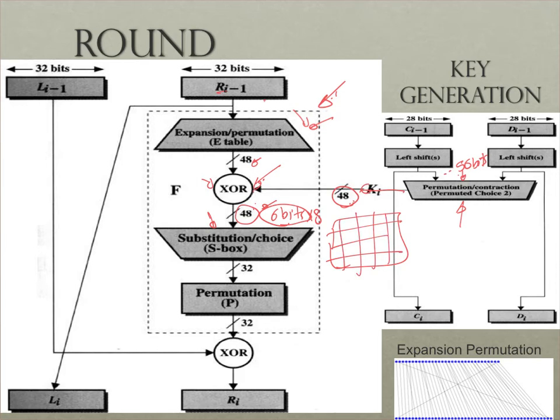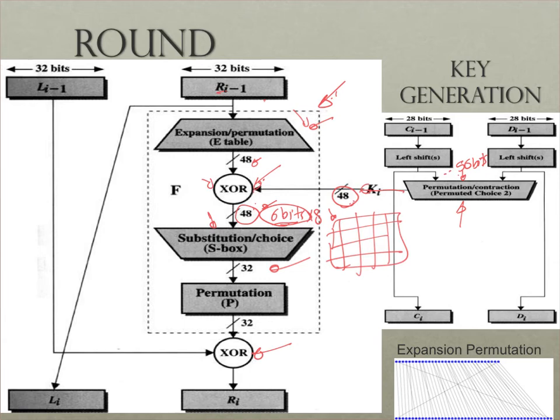We take each 6 bits, use it to look up a value of 4 bits, and then we put these 4 bits here to represent the output. After we finish this, we do another permutation step, which is neutral in that case. This permutation step performs neither contraction nor expansion. So it's a one-to-one permutation, and the output will be 32 bits, which will be XORed for this round. So this is the F function.